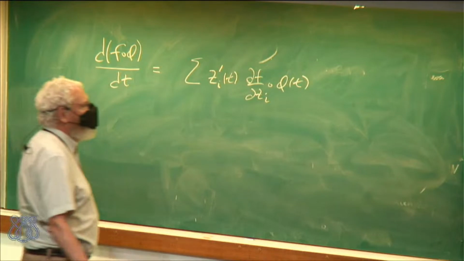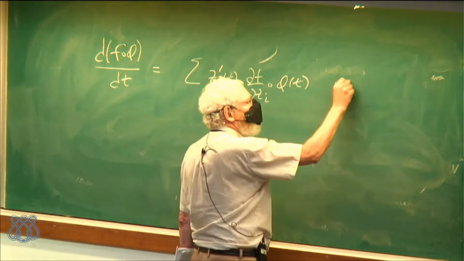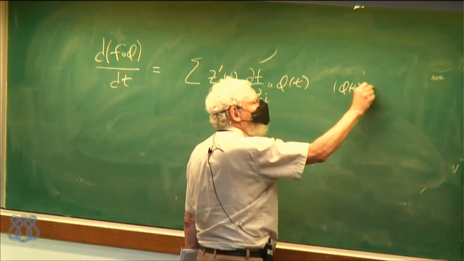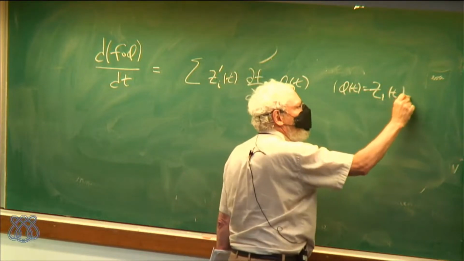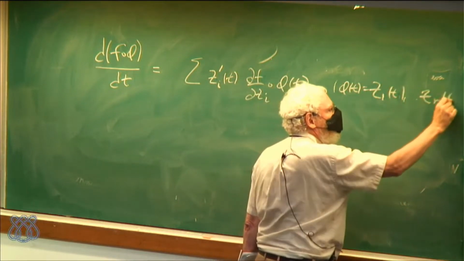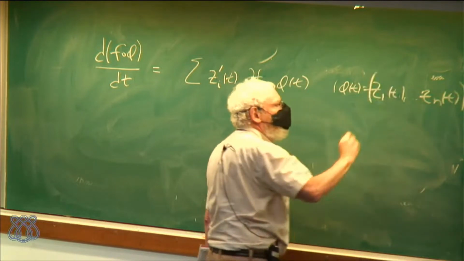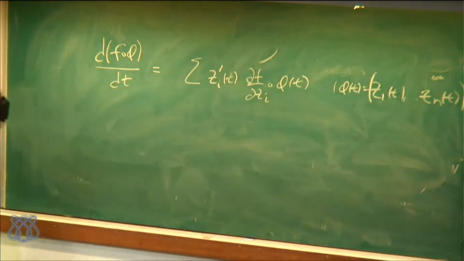Here I'm thinking of phi of t as being z_1 of t through z_n of t, so I just take the derivative of the components.